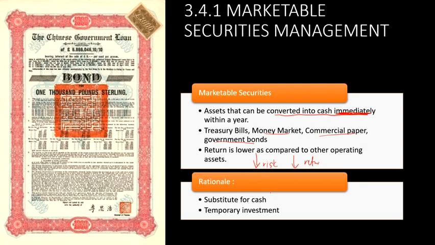Daripada kita hold the cash tu, it's better for us to do investments so that we can get a return, even though it's lower than other investments, we still get a return in a small amount. So these are the rationale for using marketable securities.